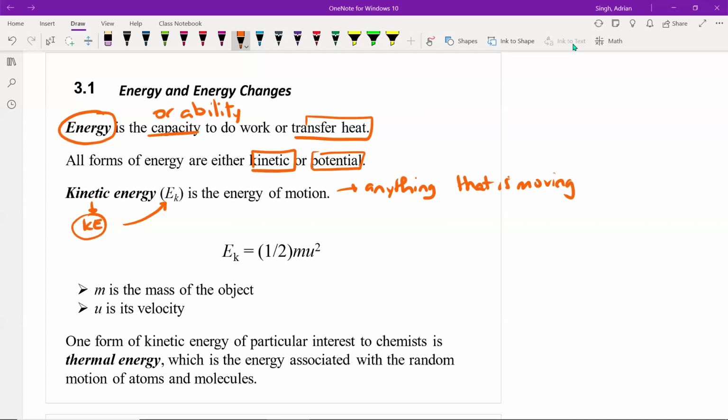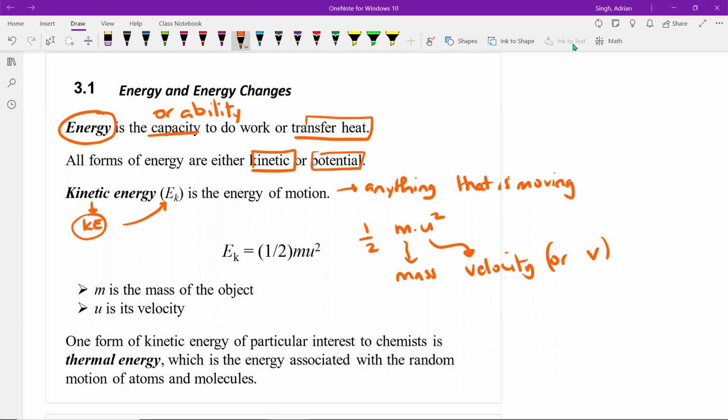So in our equation here, let's write it a little differently so it may seem a little easier to understand. We have a half m times u squared. So m here is the mass, and u, this symbol that your book uses, is velocity. Sometimes other books use v for velocity.